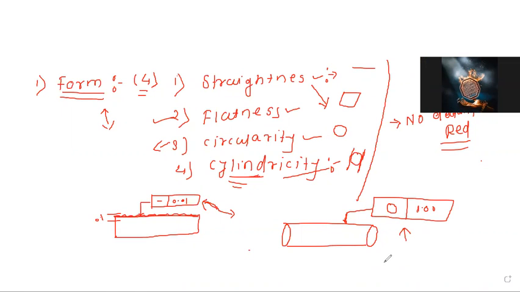Circularity of shaft should be within 1.00 mm.